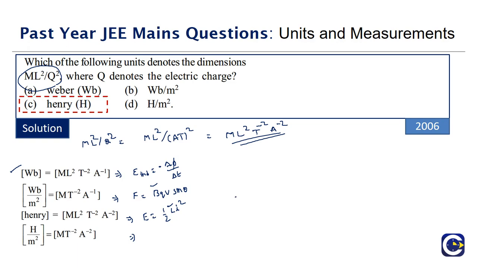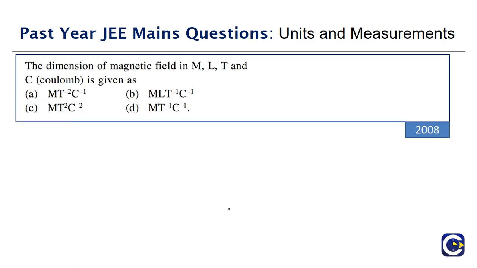It may not be really possible to remember the dimensions of Weber per meter square, Henry or Henry per meter square, and that might even complicate the things if we try to remember so many dimensional formulas. So rather what we'll need to be doing is we'll have to remember what is the appropriate formula to derive these dimensional formulas quickly. So the correct option for this is option C, which is Henry.